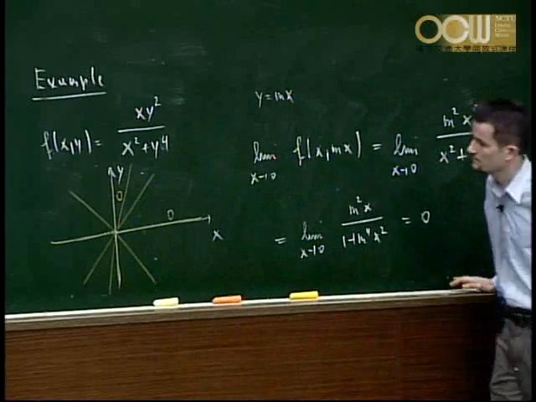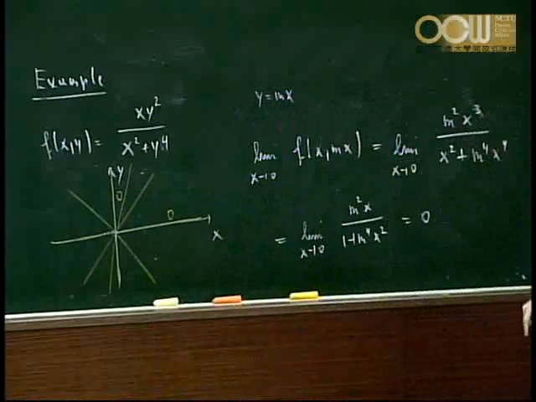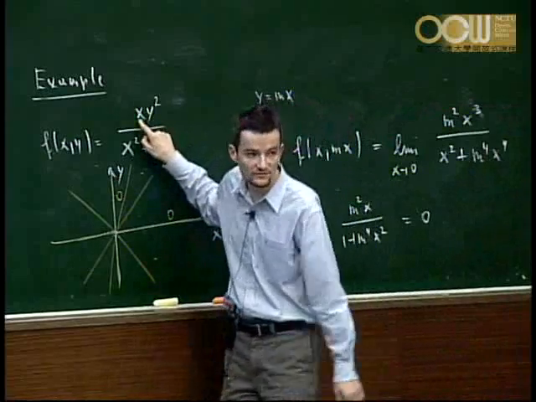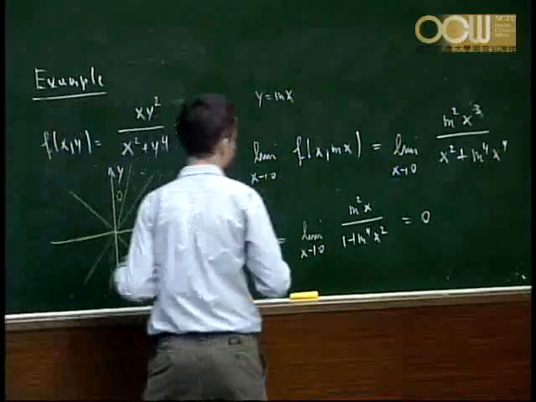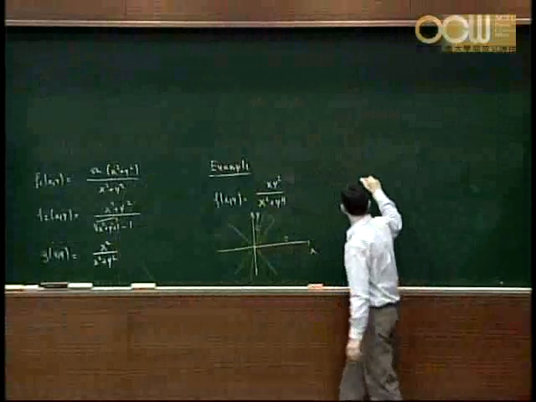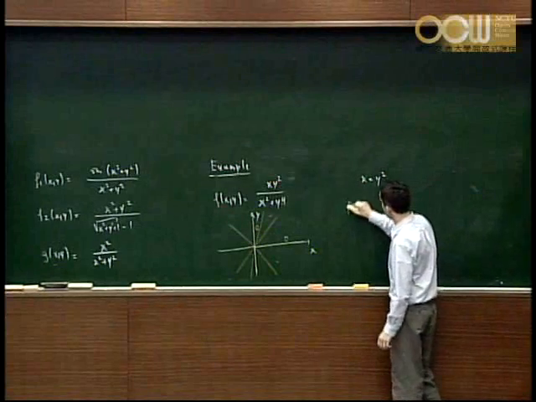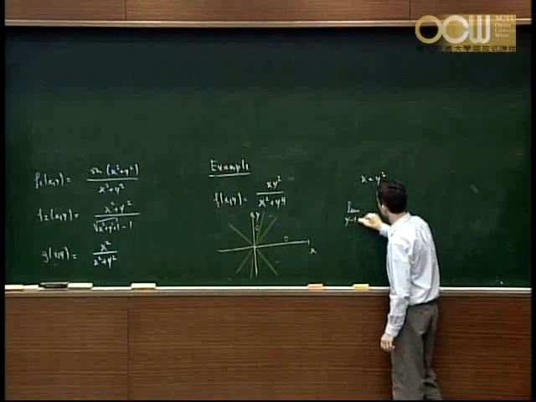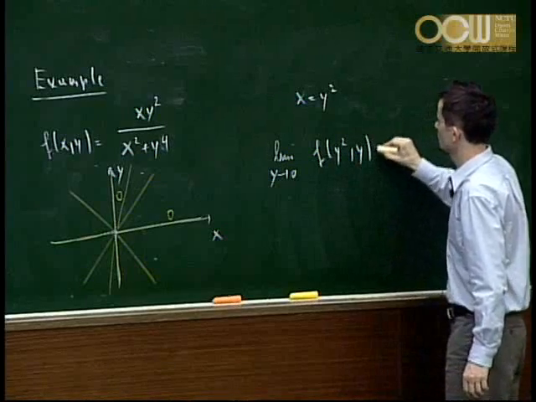Okay, but still, for this example, this does not imply that the limit exists, because if you choose x equal to y squared, so now you look at the limit as y tends to 0 of f of (y squared, y).